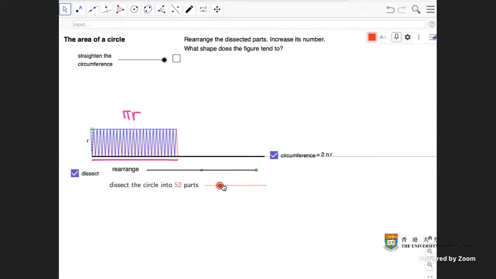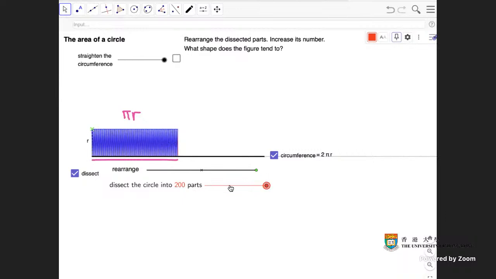By cutting it into a greater number of parts, you can have closer and closer estimations of the area, but based on the same formula, pi r times r. That means equal to pi r squared. Right? So using the same method, you can get closer and closer to the area of the circle by estimating it as a parallelogram or as a rectangle.